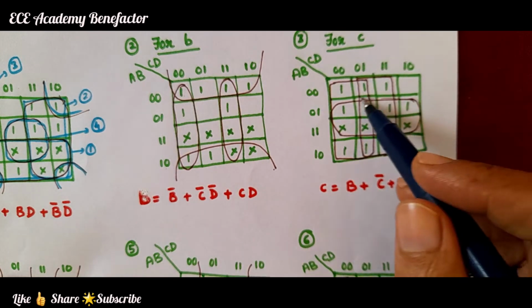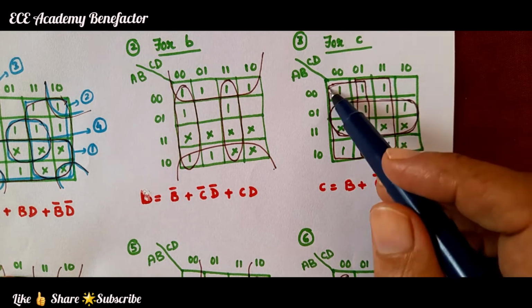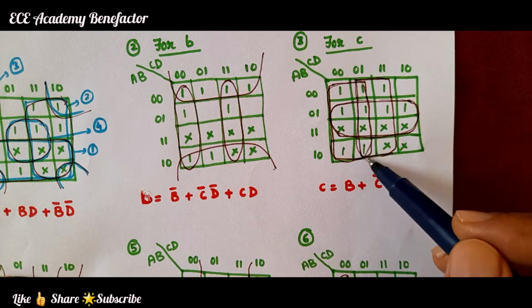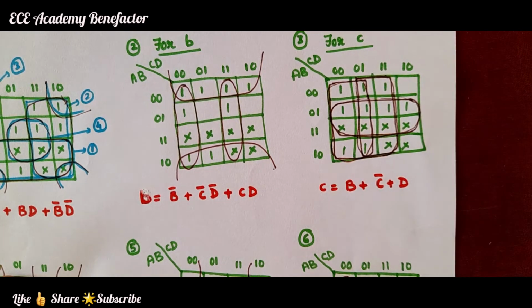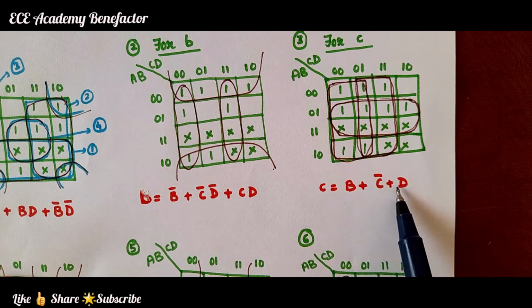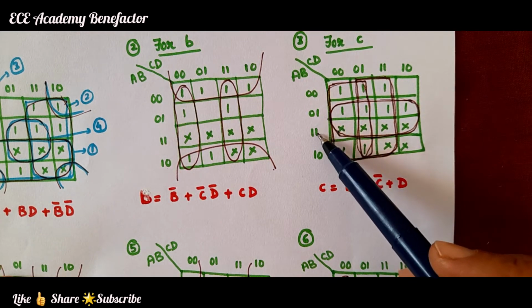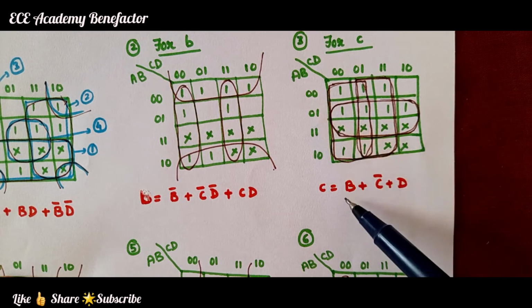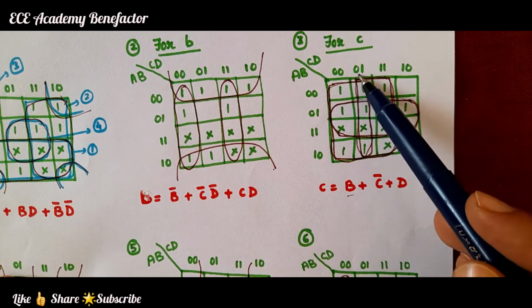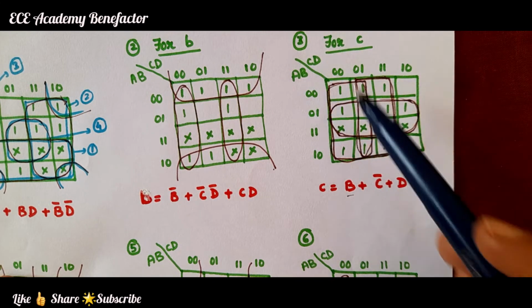One octet is here and one more octet is here, and this one is a third octet. So, 3 octets are present here, and we get the terms B, C bar, D. For this octet, 1 is common, and 1 means B. For this octet, we look at these 2 rows: 0 is common, and 0 is C bar.